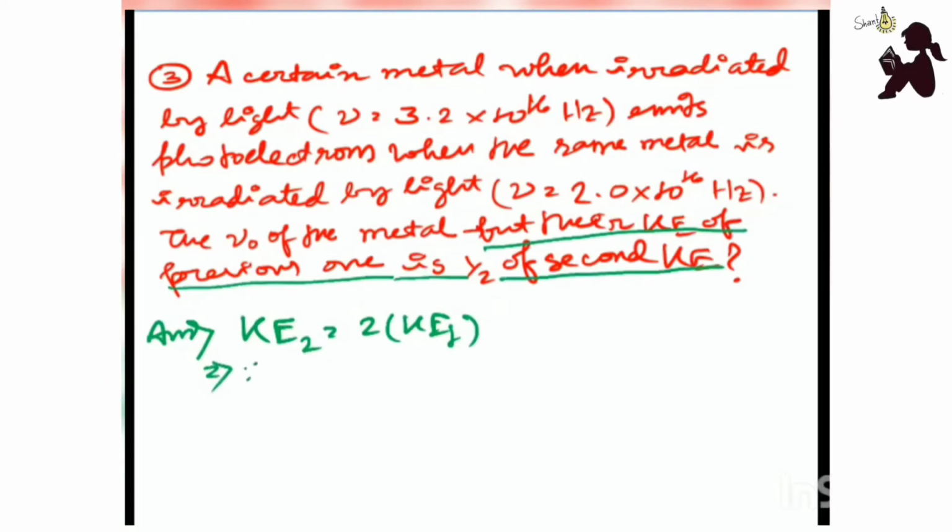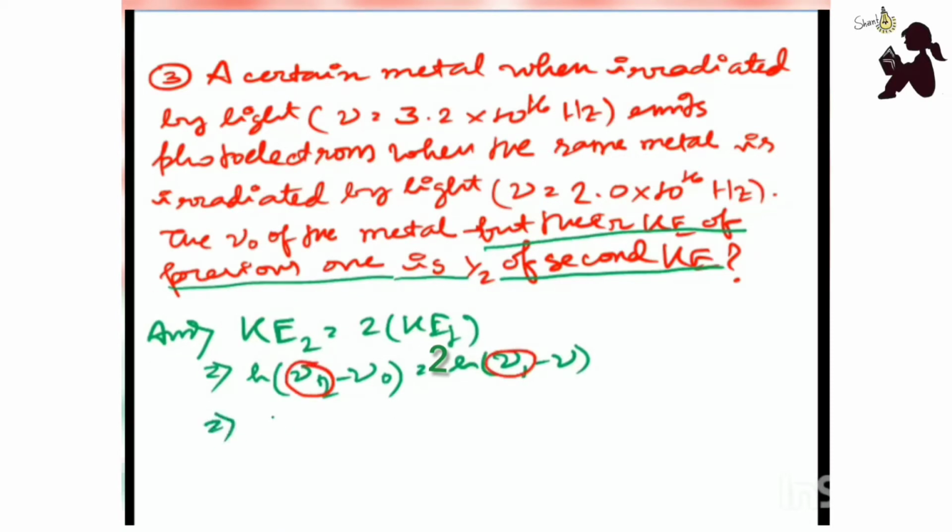We know from Einstein's photoelectric equation, h into mu1 minus mu naught. Here mu2 is our frequency in case 2, and mu1 is the frequency in case 1.